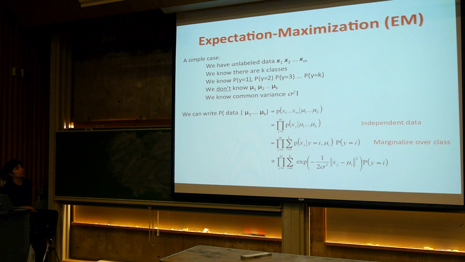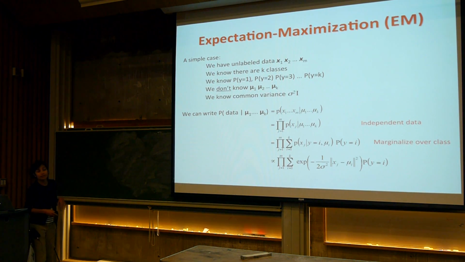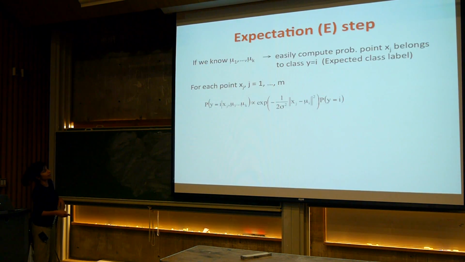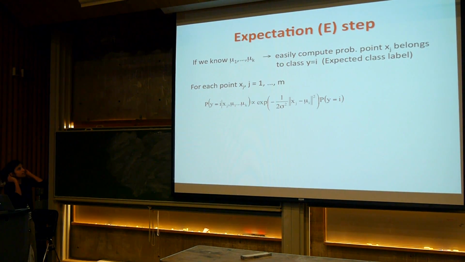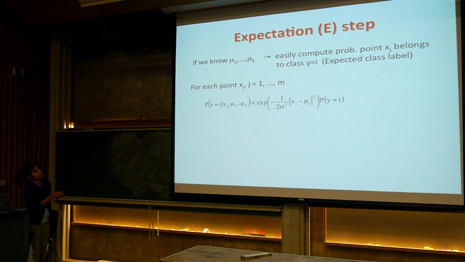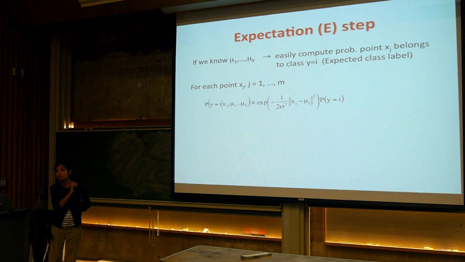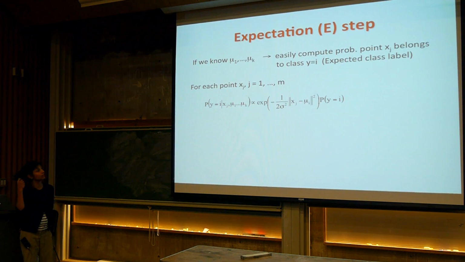All right, so what does EM look like here? First I'll just show you what it is, and then we are going to derive it in more generality. This is what the E step corresponds to. You simply compute the probability that a point belongs to a particular class. That's the expected class label.